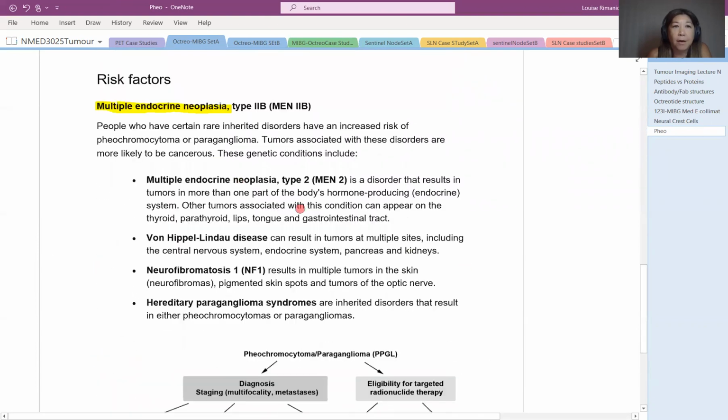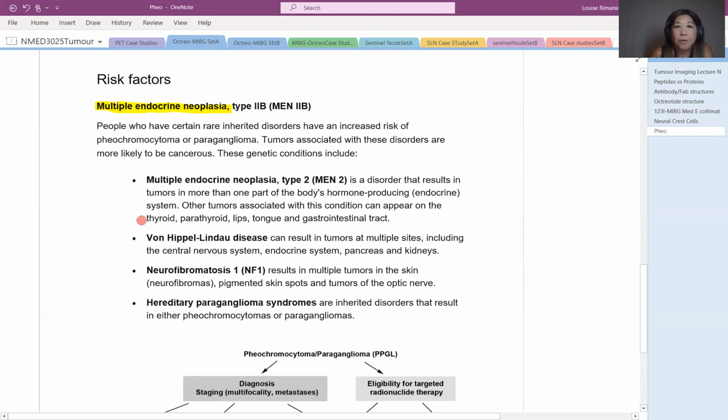You may have heard of, sometimes on the requisitions, it'll say question MEN or MEN2. So these refer to a number of genetic conditions that may be linked to pheochromocytomas. So MEN stands for multiple endocrine neoplasia, and it's a disorder that results in tumors generally in more than one part of the body's endocrine system.